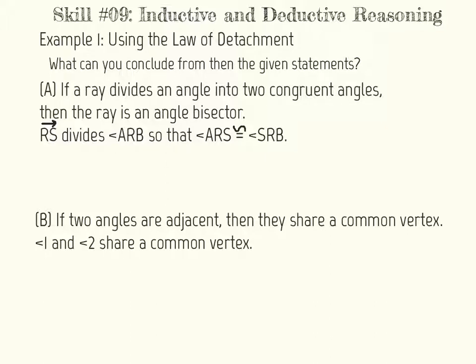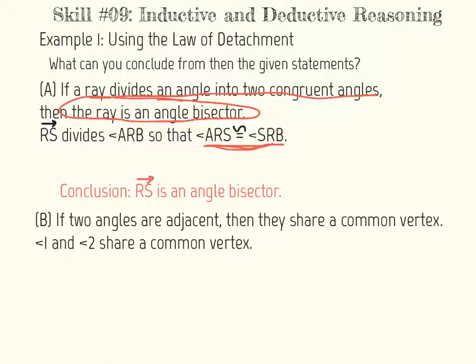So my if statement is true here. Because that is the if part of the statement, then the then part must also be true. So I can say that ray RS is an angle bisector of my angle ARB.